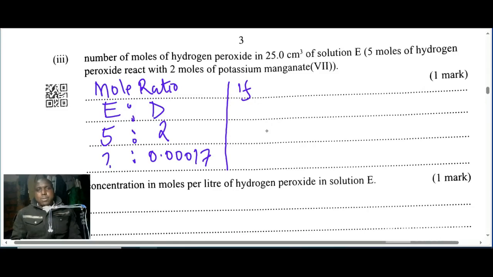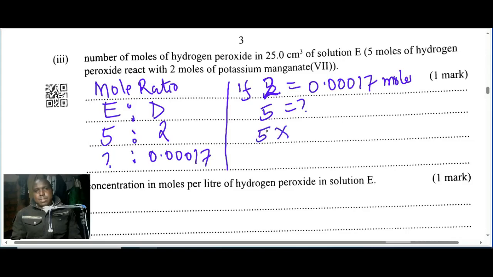So simply, we will ask that if 2 is equal to 0.00017 moles, 5 will be what? So it is 5 times 0.0017, you divide by 2.